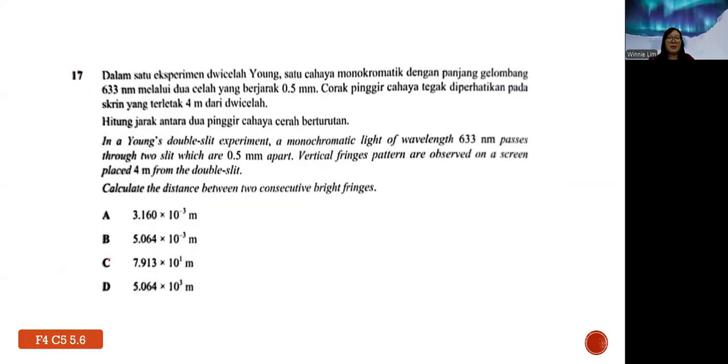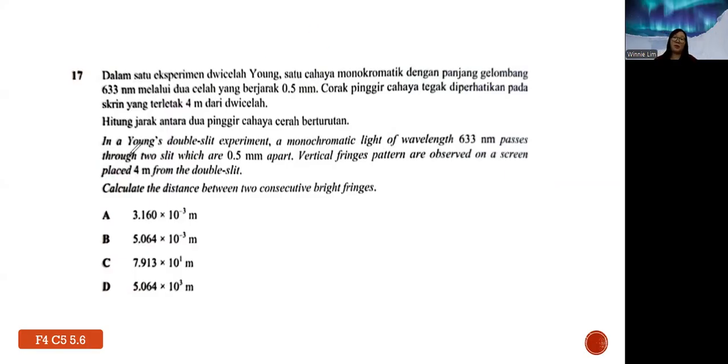Okay, 17 is under interference of wave. In a Young's double slit experiment, a monochromatic light of wavelength 633 nanometer passed through two slits which are 0.5 mm apart. Vertical fringe patterns are observed on a screen placed 4 meters from the double slit. Calculate the distance between two consecutive bright fringes.